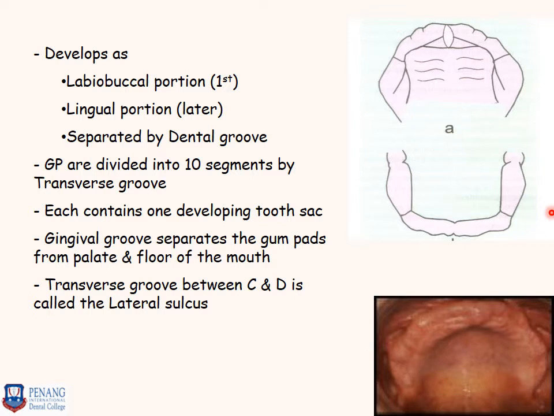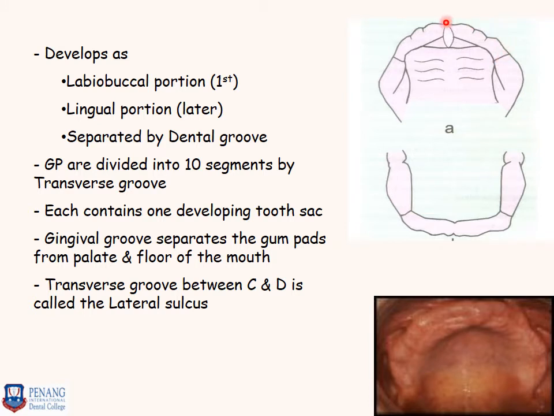The gingival grooves separate the gum pads from the palate and the floor of the mouth. The transverse groove between C and D is called the lateral sulcus, as you see here, same as in the maxillary also.